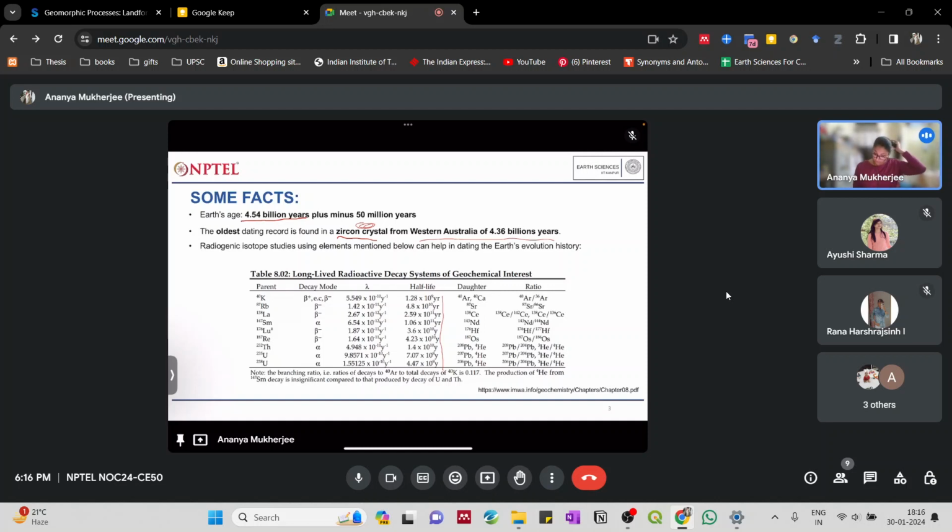Uranium and rubidium are very widely used, and potassium is also used. Carbon has the smallest half-life, so carbon can be used for dating material that is only about 1,000 years old.